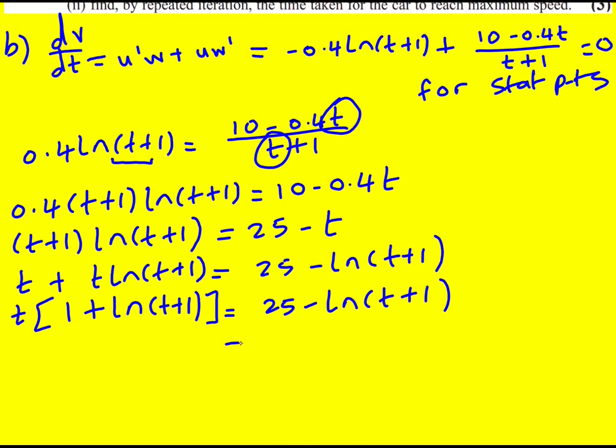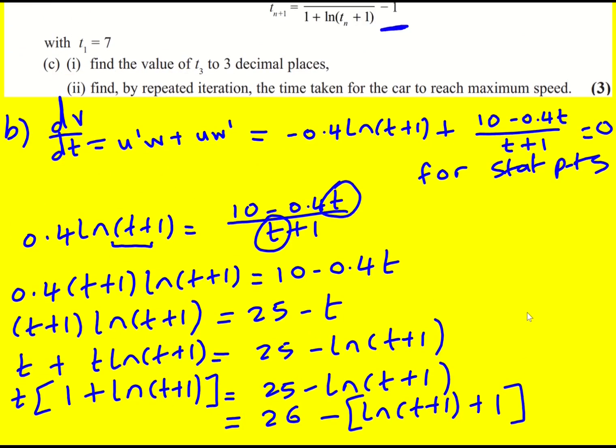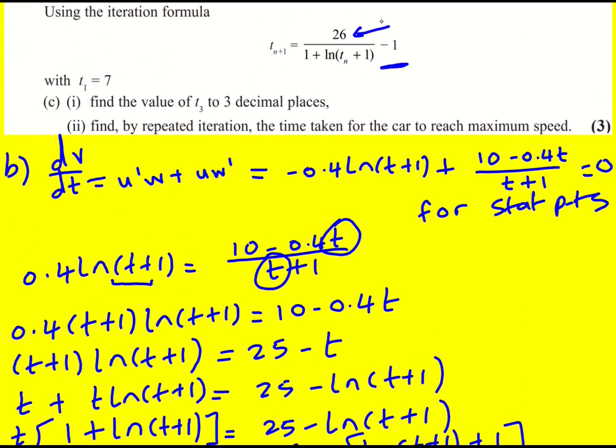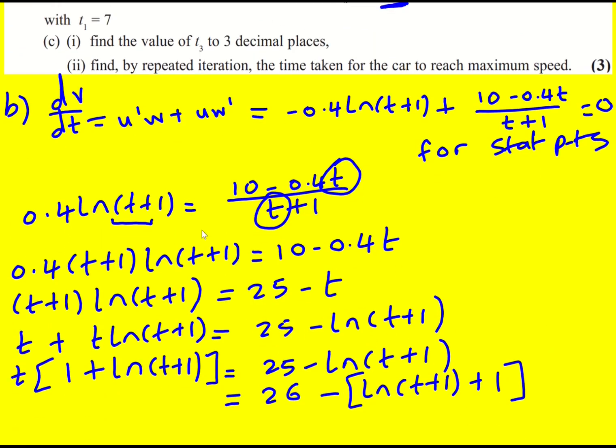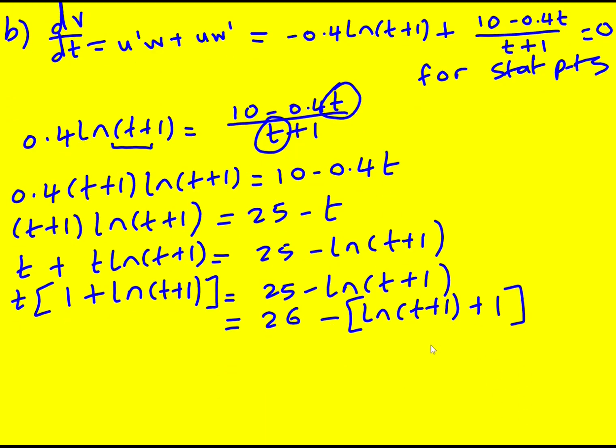So why don't I just write it as 26 and then minus (ln(t+1) plus 1) in a bracket. The reason I've done that is because I know in my answer I want 26, and I'm going to now divide through by 1 plus ln(t+1), and it's going to cancel.